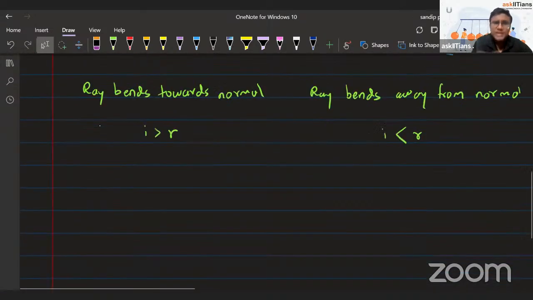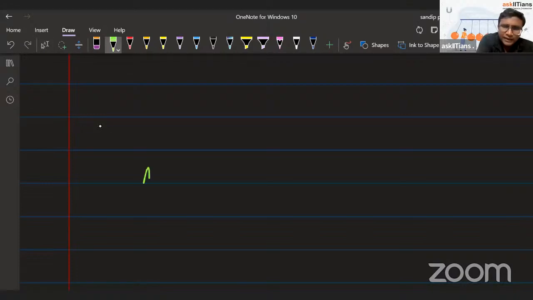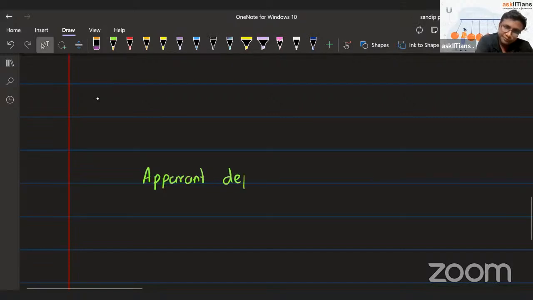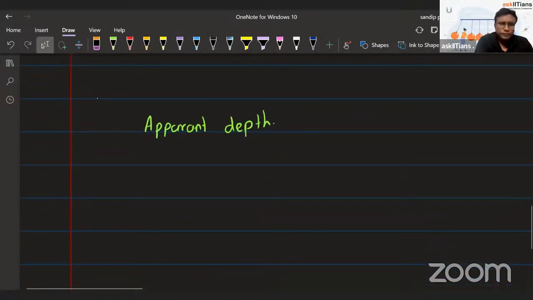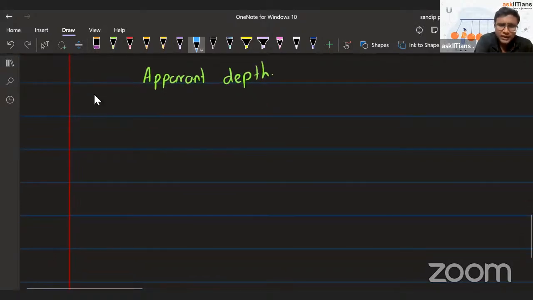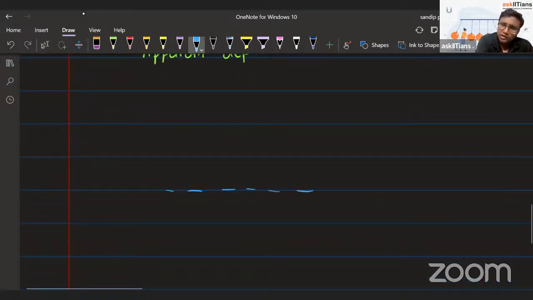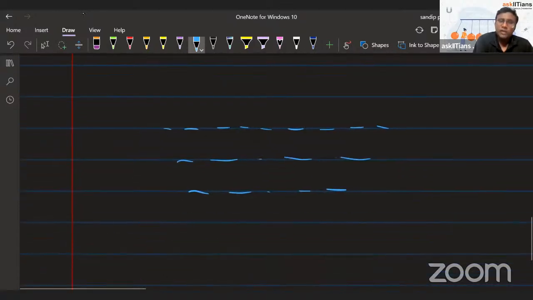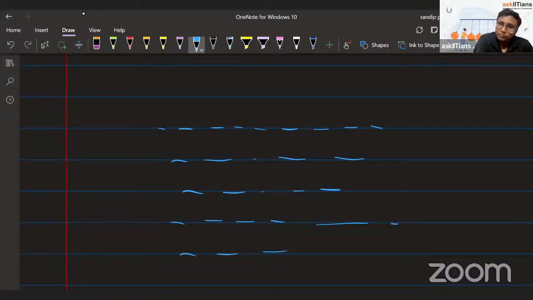After that, there is one more concept, that is the apparent depth. Consider, again, the example of water itself. Suppose there is an object here, any object. From this object, the rays will go towards all directions.